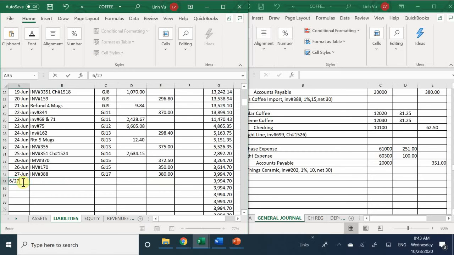So 27th, invoice 202, GJ 17, 351 credit. Good. Which should bring you to a total of $4,345.70.